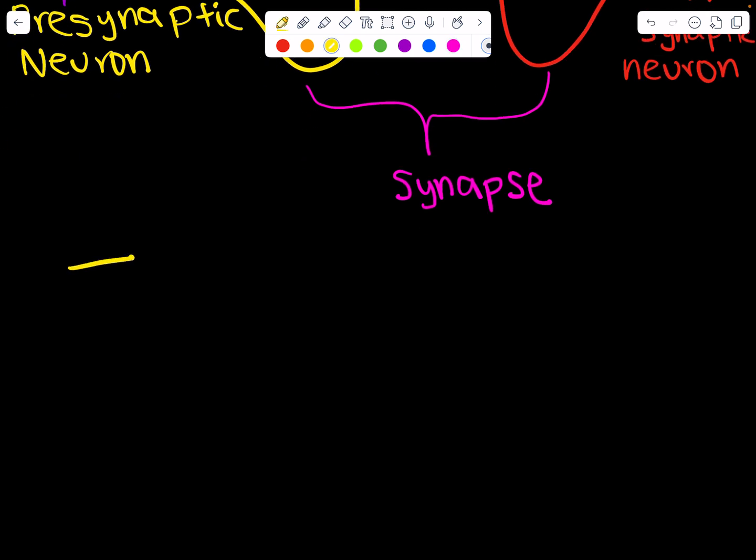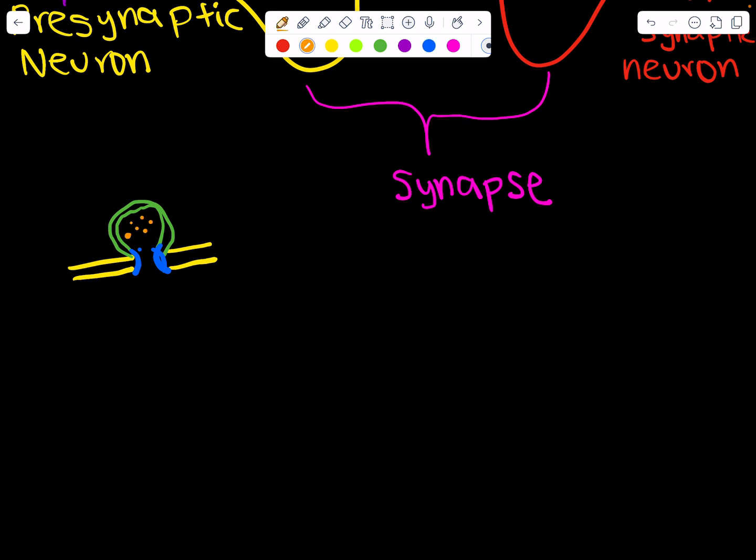So what happens when it touches the neuron end? This is what happens when it touches the neuron end. The blue things are the snare proteins. And they now create an opening because it binded.